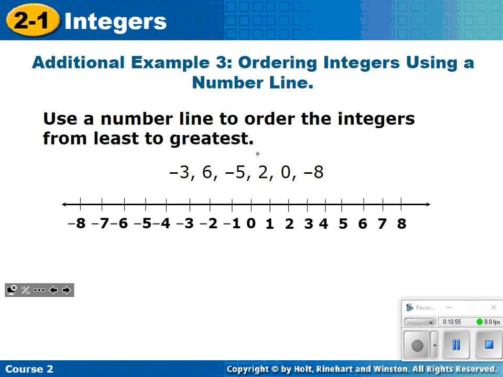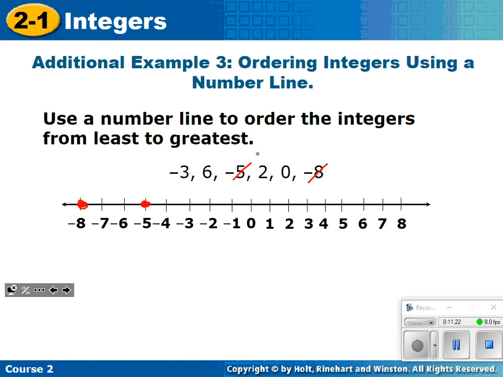So what's our smallest value of all of those right there? The one with the least value. -8. So you'd put a dot at -8. We got that one taken care of. What's the next smallest value? Cody. -5 is my next smallest value. It's right there. What's my next smallest value?